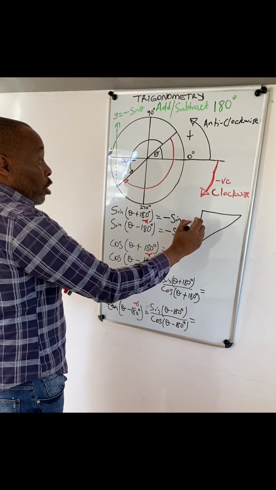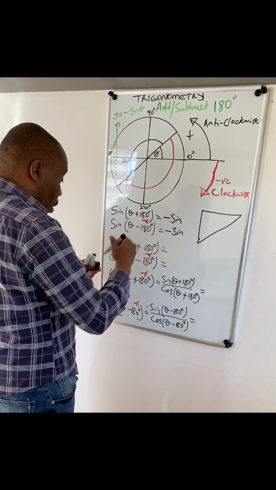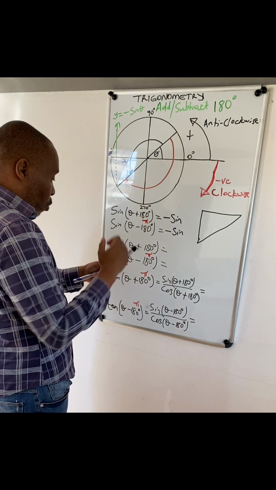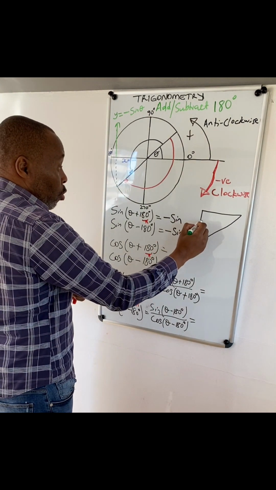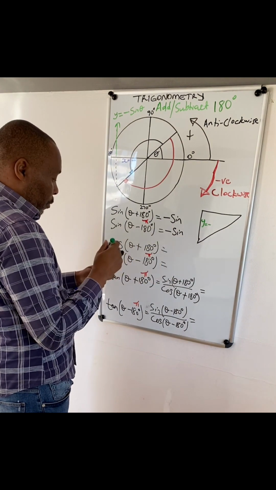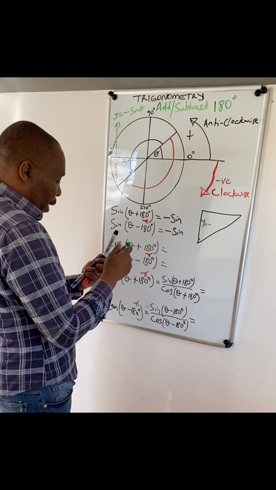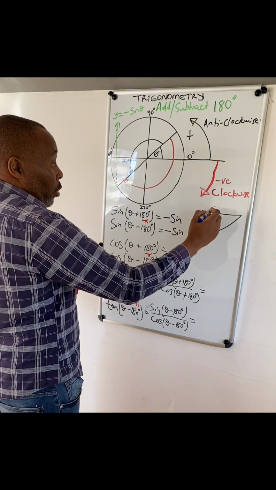So your y here is negative. Remember, we used y as green, so y is negative, this part. And your x, this part, is also negative.